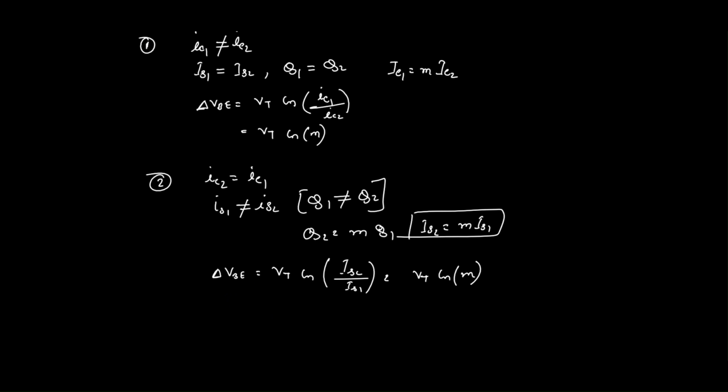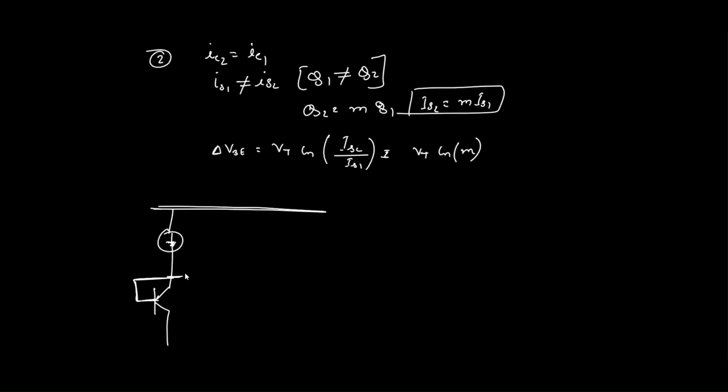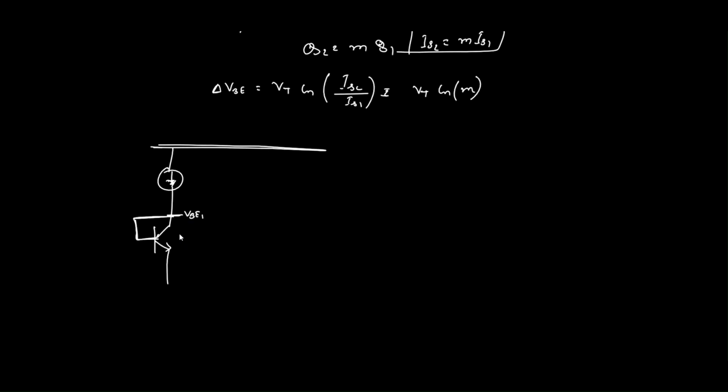represents in a circuit. Let's say, to apply this equation in a circuit, and we can sense the delta VBE by changing this M. That means the current is the same, right?